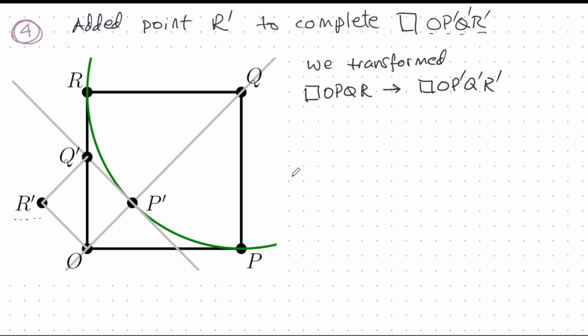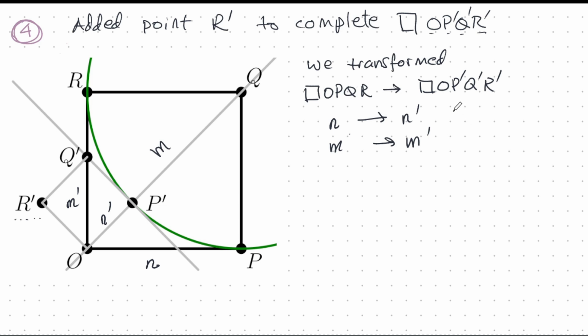We transformed the big square OPQR to the little square OP prime Q prime R prime. And thus we also transformed these dimensions. This is n and this is m, the long diagonal. We transformed that into n prime and m prime, the long diagonal of the little square. So we transformed from n to n prime and from m to m prime, where they seem to get smaller. That's a critical observation.